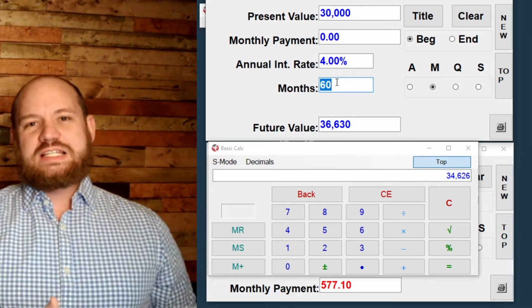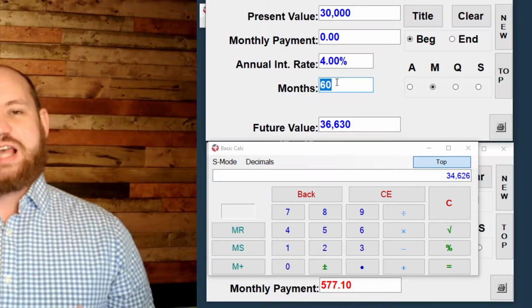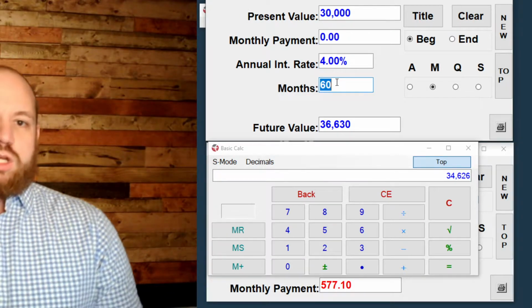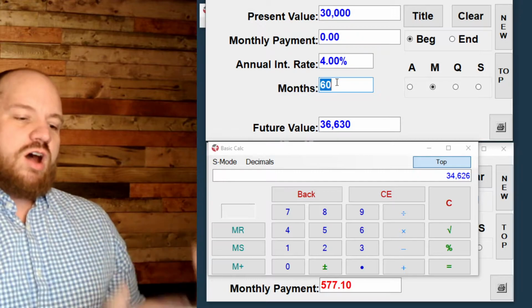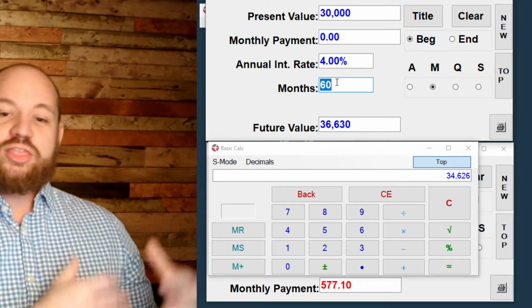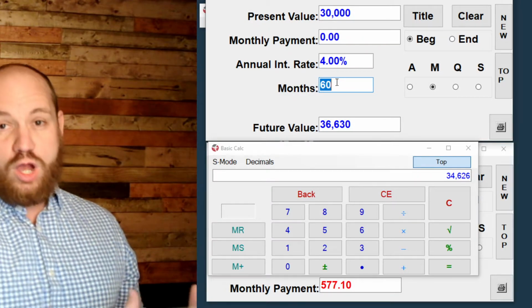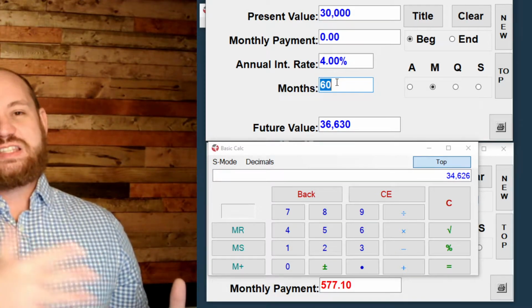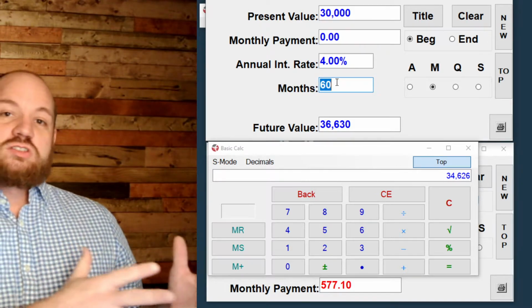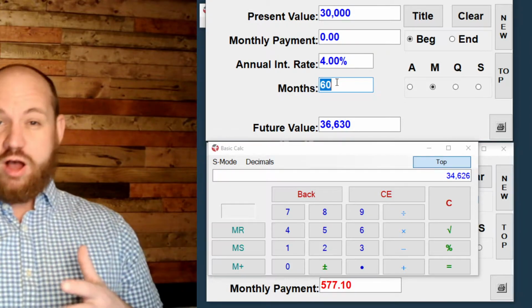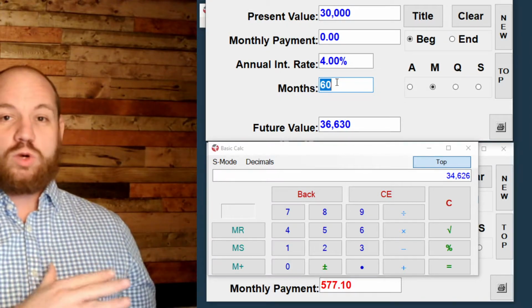At the end, it's worth $36,630. So your compounding interest on $30,000 grows to $36,630. So you have an opportunity cost. You have to make a choice, right? You can only do one or the other.